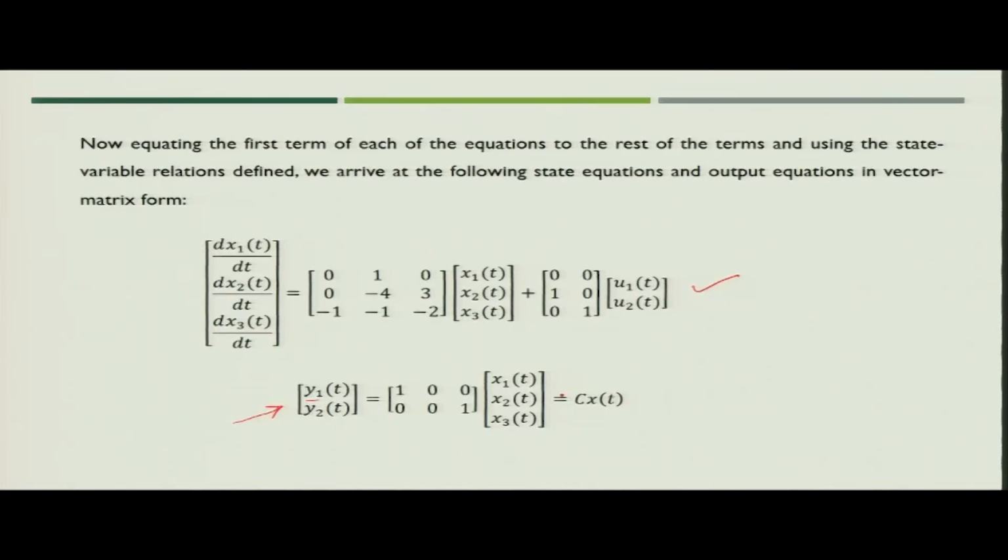Now, since we do not have any input variable in the output equation, the D coefficient matrix will be 0. So, now this you will get as A, this you will get as B, and this is what you have as C matrices. D is of course 0.